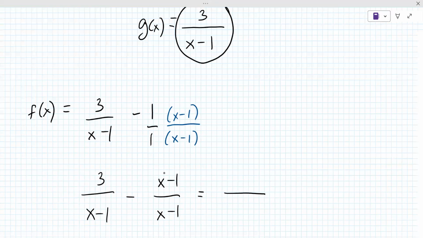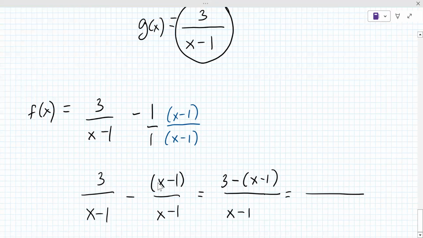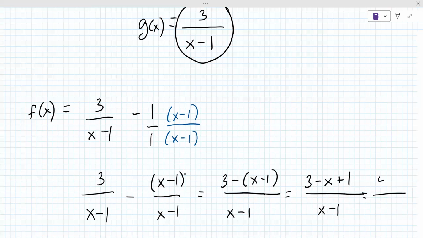The only little thing here is that the top's really in parentheses. So it's 3 minus parentheses x minus 1. It's not that you can only subtract the first one, they're both negated. 3 minus x plus 1 over x minus 1. This becomes 4 minus x over x minus 1.